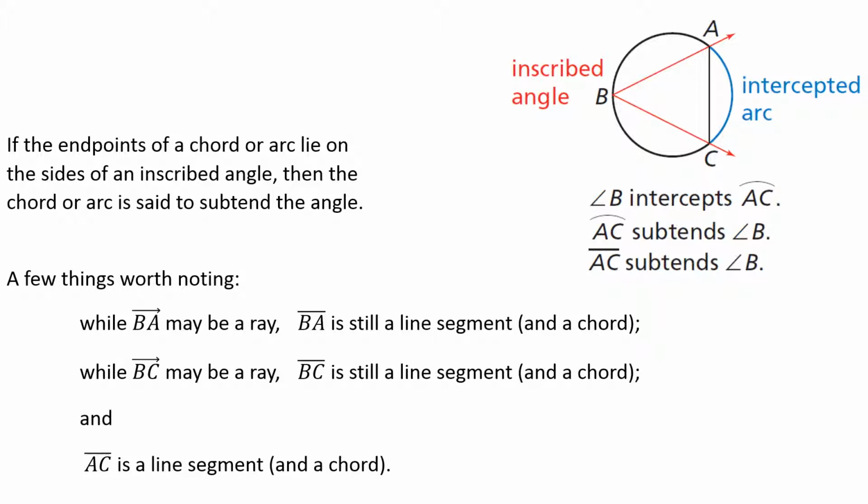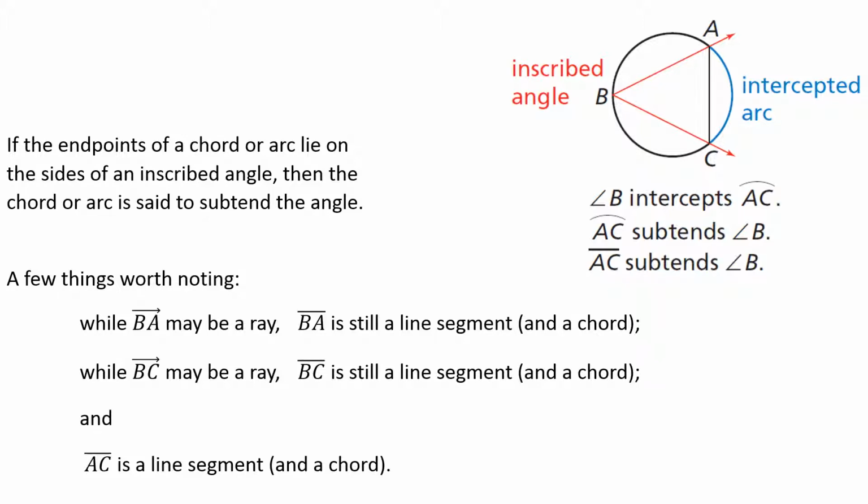Right, again, when we defined angles, we talked about rays. But of course, when we're talking about just the part of that ray that's inside the circle, it's a line segment, right? It's a chord. And subtend is just kind of a fancy way of saying, hey, it goes with that angle.